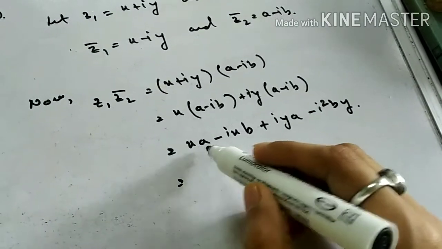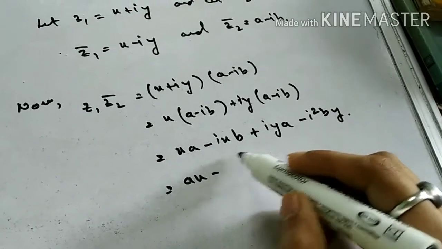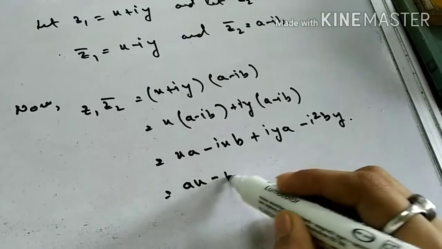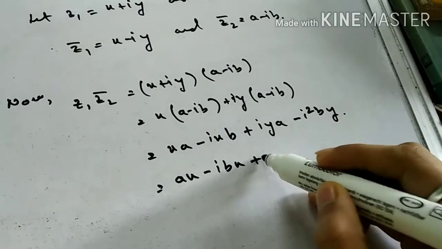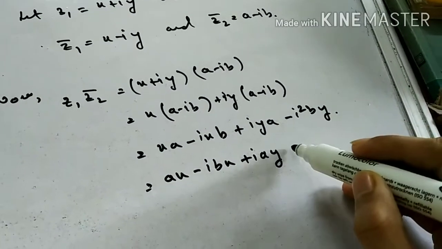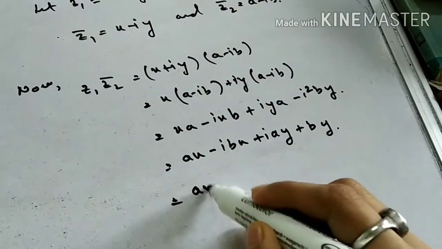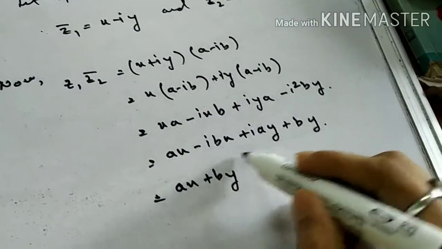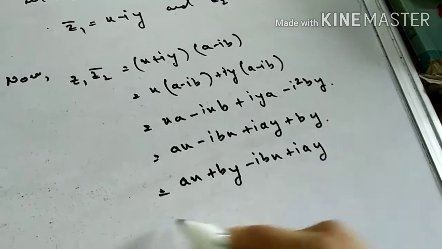So let me write ax minus ibx plus iay plus by. So this one I can write as ax plus by minus ibx plus iay.